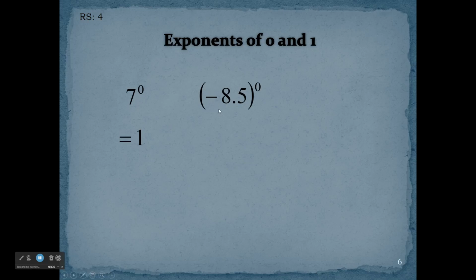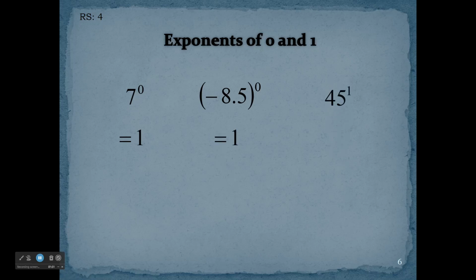Here we have in parentheses negative 8.5. Now, this exponent of 0 is affecting everything inside of this parenthesis. It doesn't matter if it's negative or not. If it is being affected by an exponent of 0, the answer is still 1.